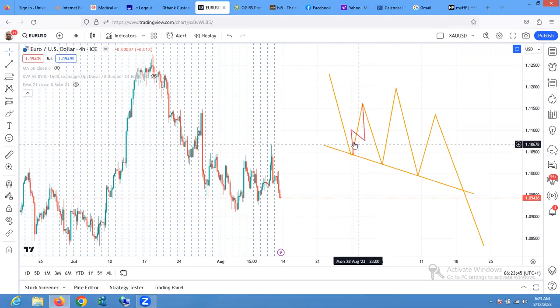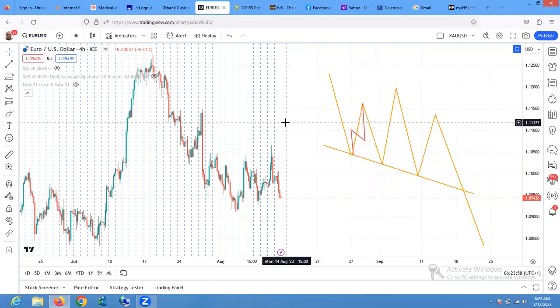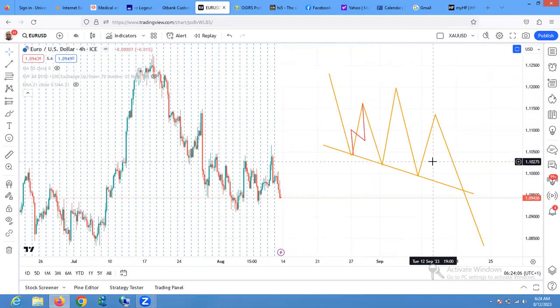All this can be a flat in this triangle, 3, 3, 5. It can be anything. It can even be a zigzag in that triangle. But on that time frame, before you have a change of direction, you have to really count and see. Now, we're just saying that.